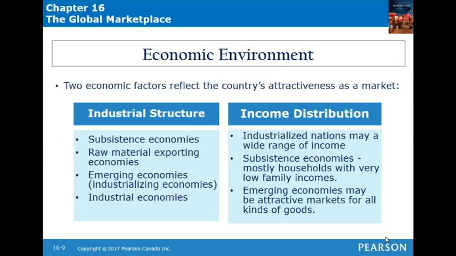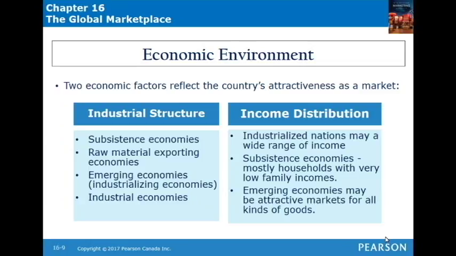Economic environment. Two economic factors reflect the country's attractiveness as a market. On the left, there's a column that says industrial structure: subsistence economies, raw material exporting economies, emerging economies, industrializing economies, and industrial economies. On the right, it says income distribution.